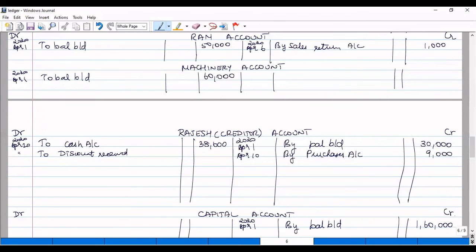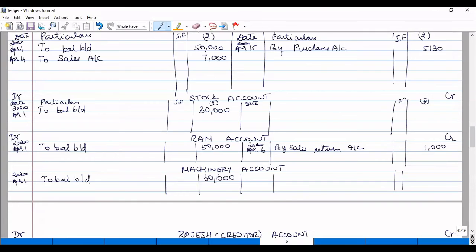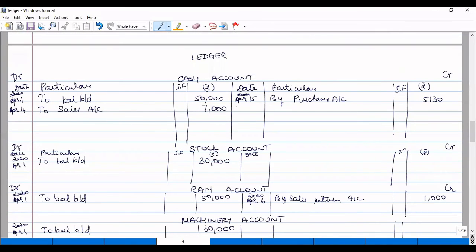Okay, discount received. So the debit item is over. Now coming to cash account and discount received account. So come to cash account. Cash account is credited in this case because cash has decreased. Okay, by we have paid to Rajesh. How much is that we have paid? 38,600 we have paid.